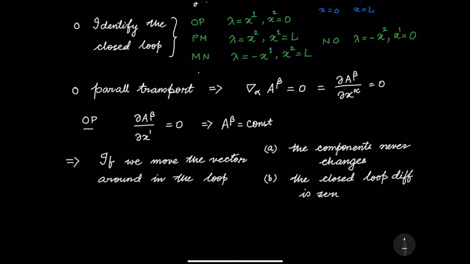There is no difference after it goes around the closed loop. And this may be an overstatement here, but you can also see it doesn't depend on which loop you have taken. So the important point here is that the closed loop difference is zero and it doesn't depend on which loop you have taken. But it's also that in this particular case, this most trivial example, the components never change.